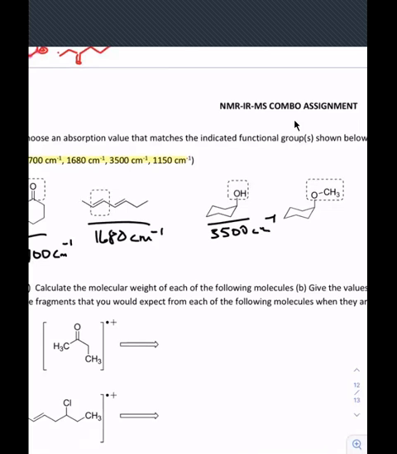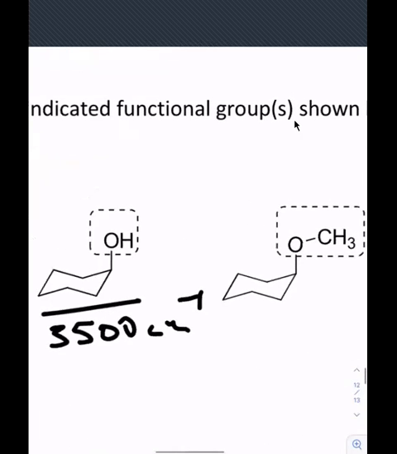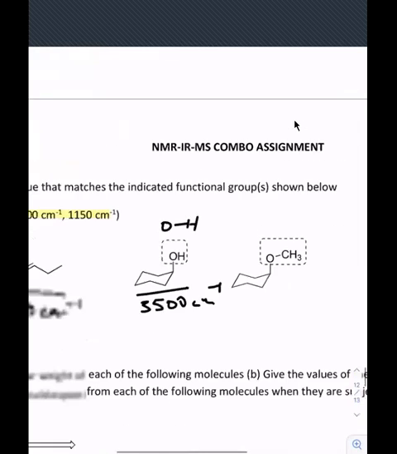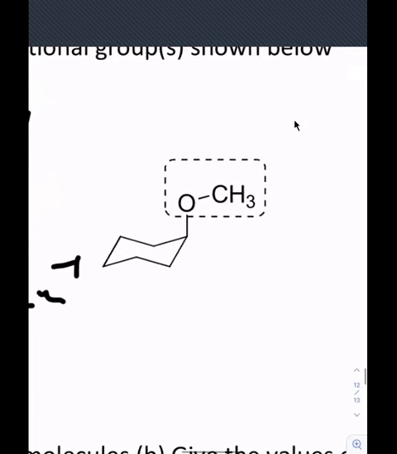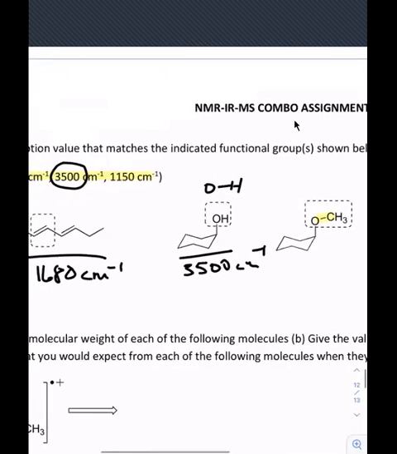The alcohol is the OH stretch right here. That's always going to be somewhere between 3000 and 3500. The OCH3, what we're looking at is this bond right here, the CO sigma bond. And the number that matches that is here, 1150.